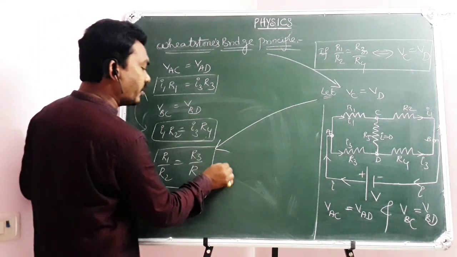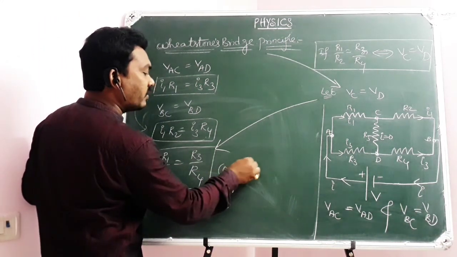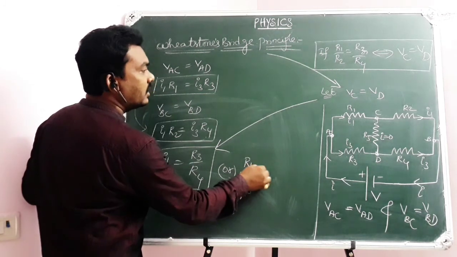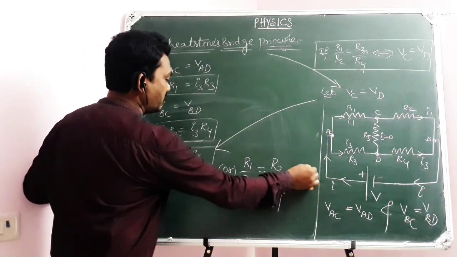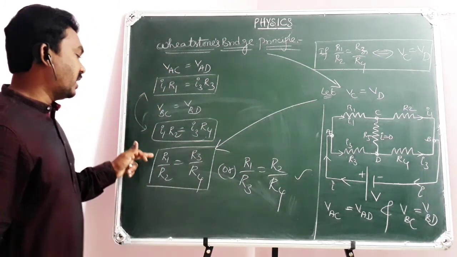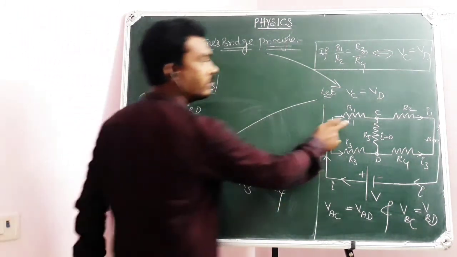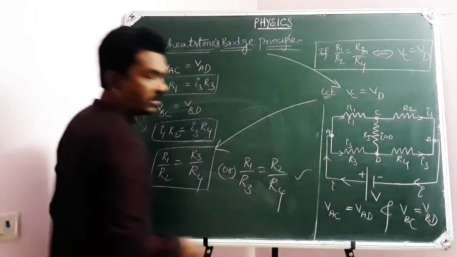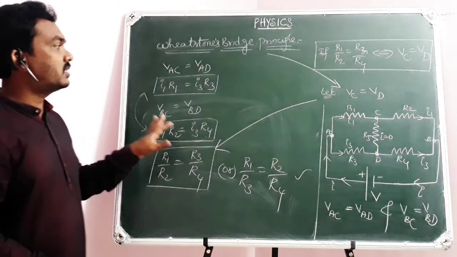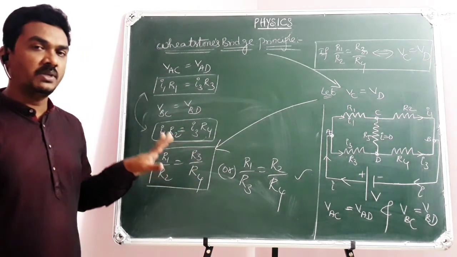Of course, you can write even R1 by R3 equal to R2 by R4. However you write it, there is no issue. R1 by R2 equal to R3 by R4, or else R1 by R3 equal to R2 by R4. This is the Wheatstone bridge principle and the Wheatstone bridge circuit.